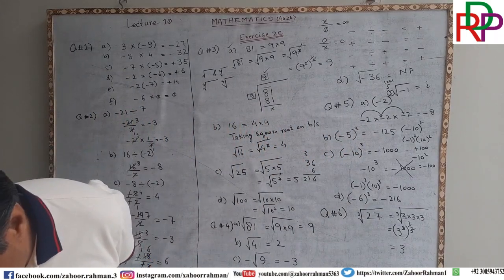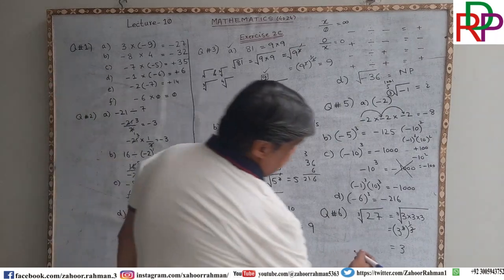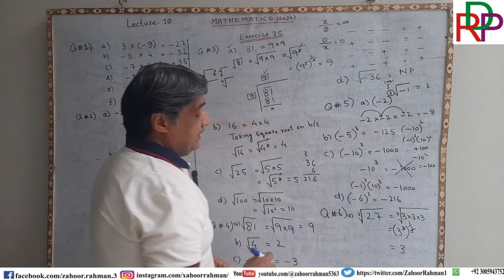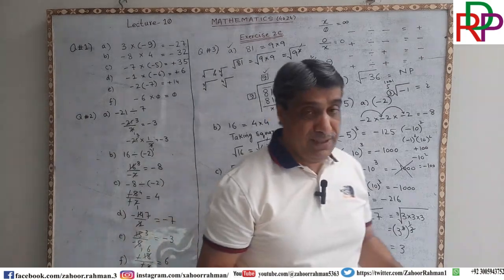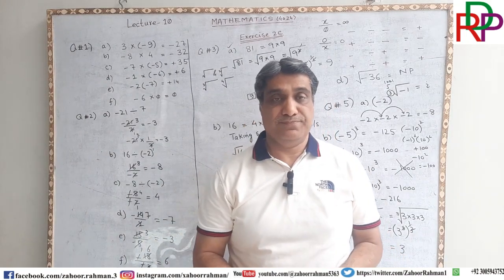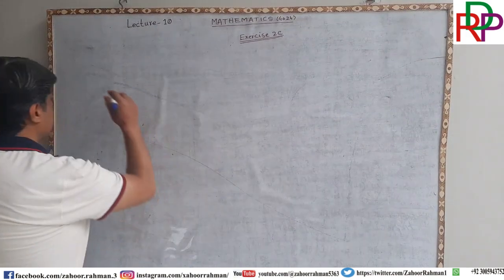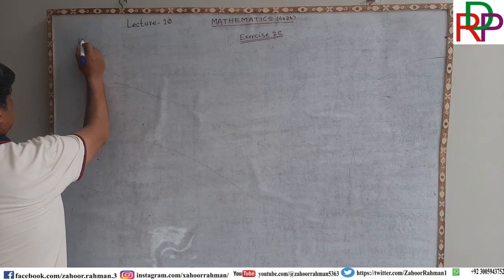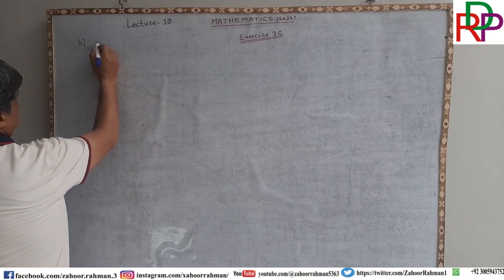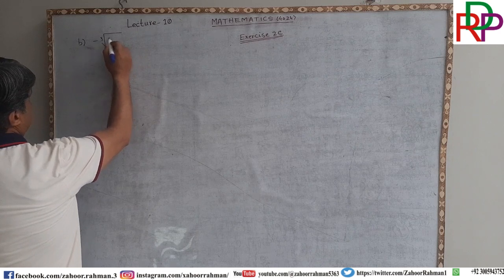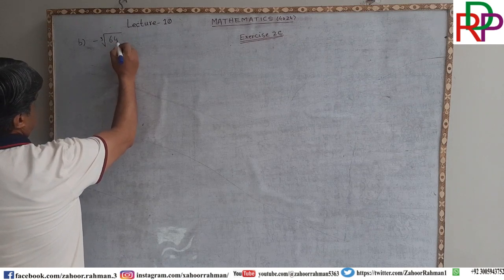This was part A, and we will do part B in a moment. B part is minus cubic root of 64.